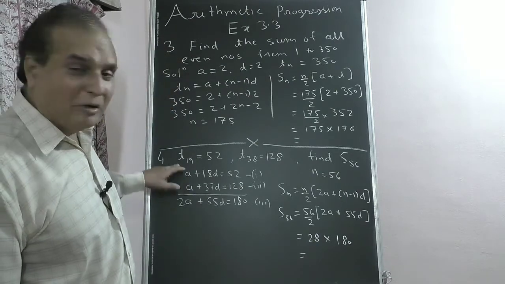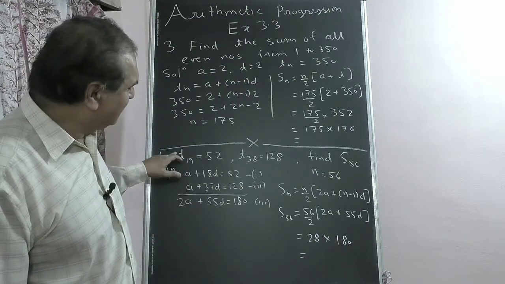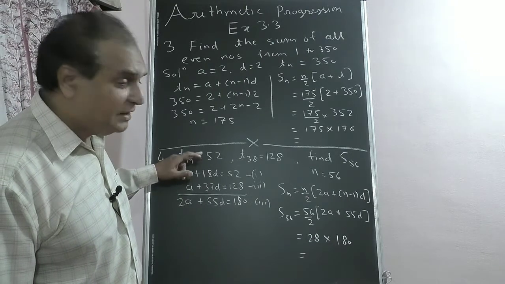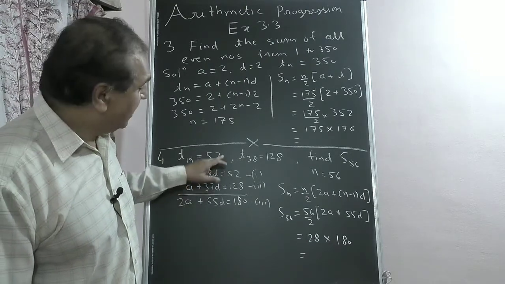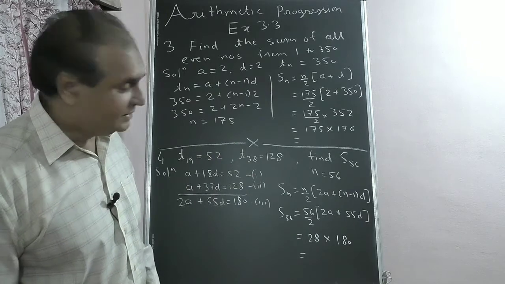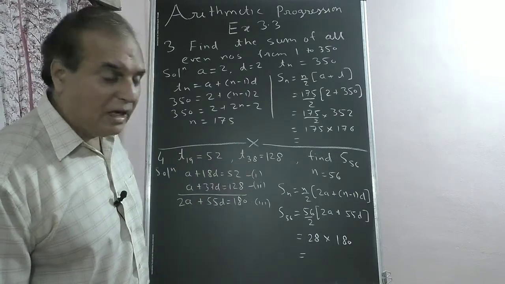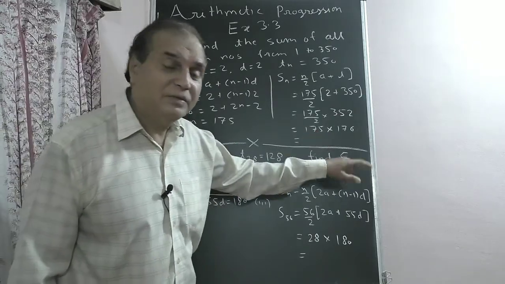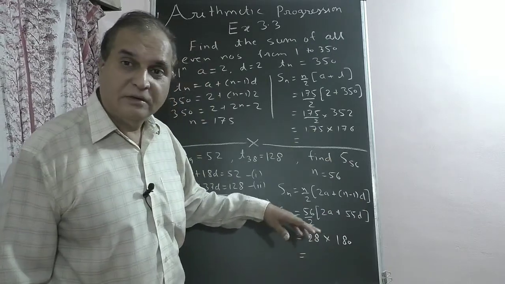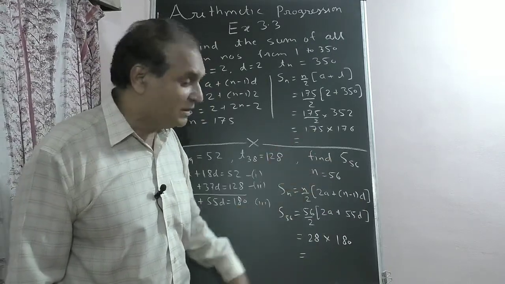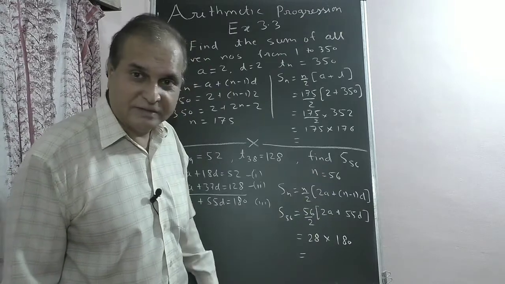See, fourth sum, directly given: T19 is 52 and T38 is 128. So now you have to find S56 directly. Okay, S56, sum of 56 numbers means n is 56.